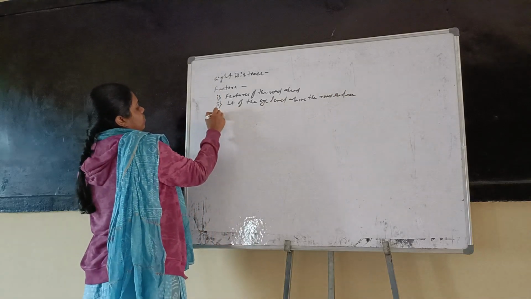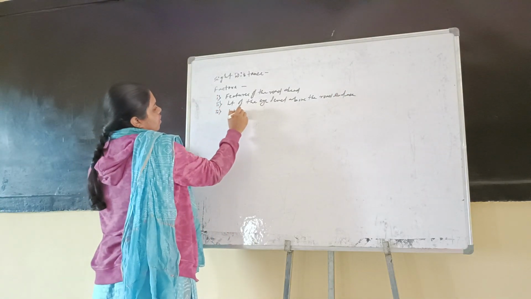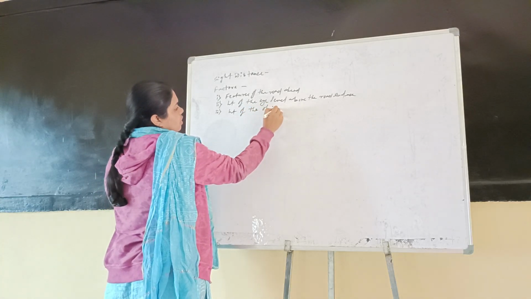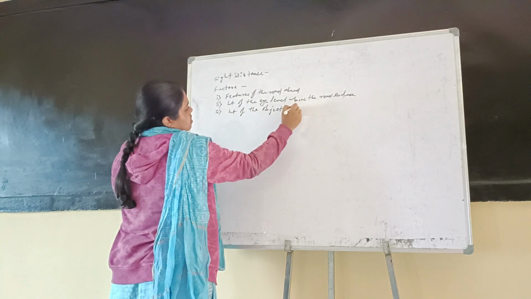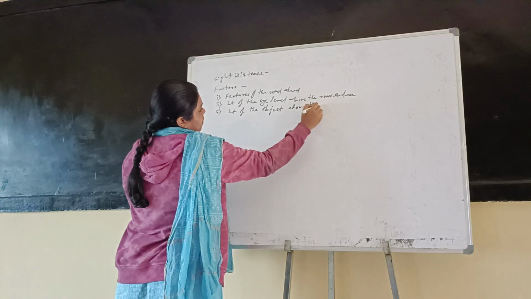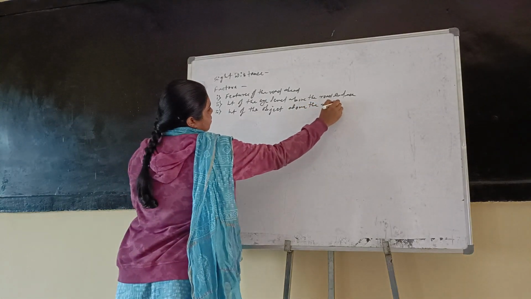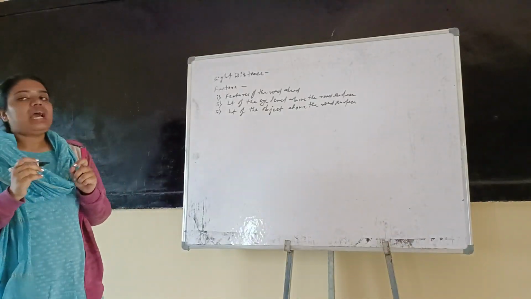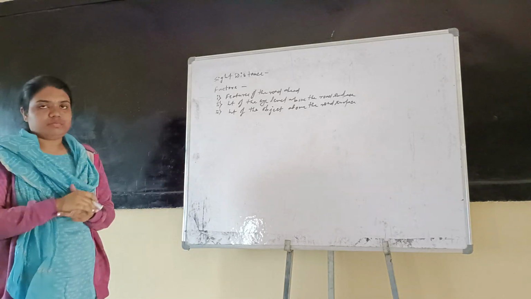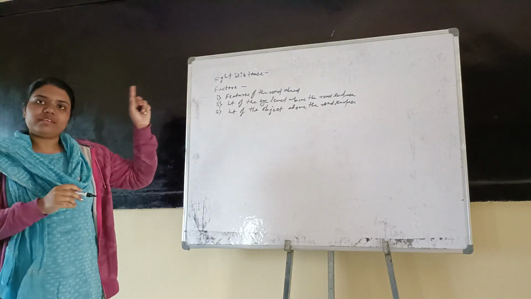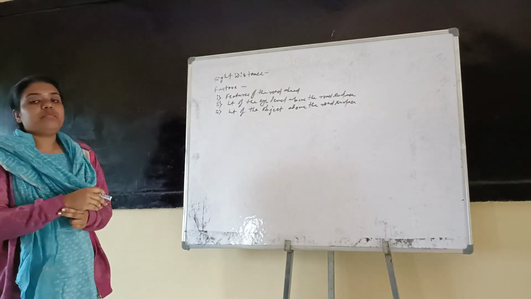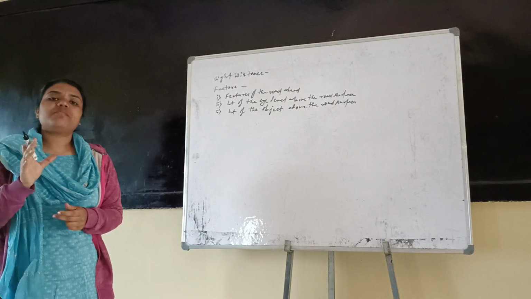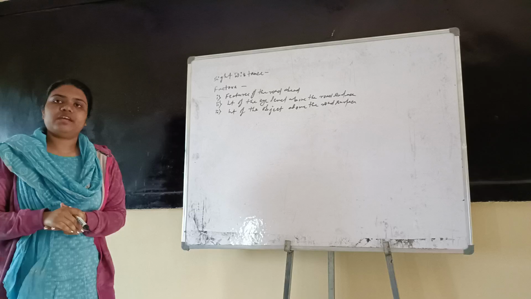Third, the height of the object or the obstruction, if there is anything on the road, above the road surface. So basically, the height of the eye level and the height of the object. Whose eye level? The driver's eye level. Both of these norms are given by the IRC, that is the Indian Roads Congress.